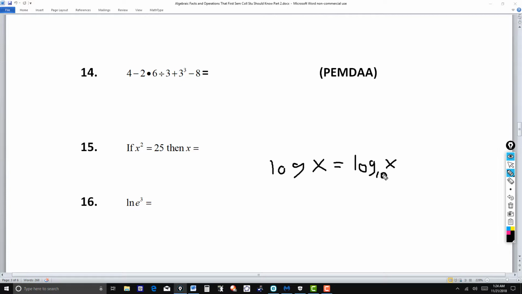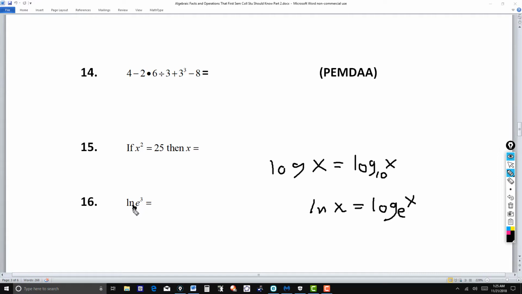When you have ln of a number, it's understood that's the natural log, it's understood that it's log of x to the base e, where e is approximately 2.71. Okay, so in this case, this base right here is e.